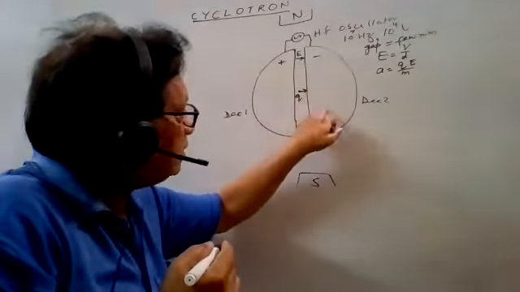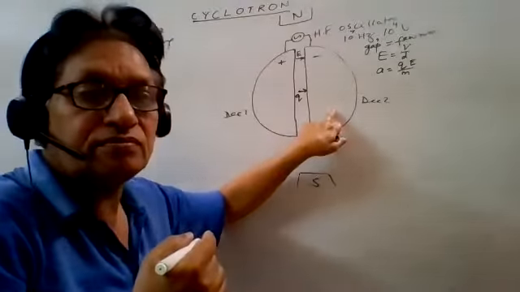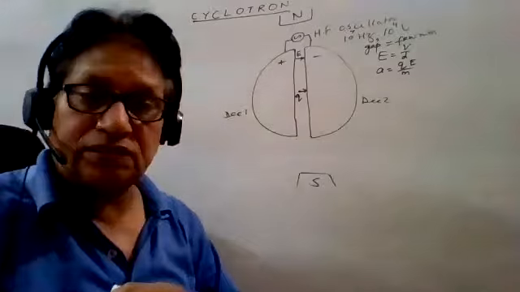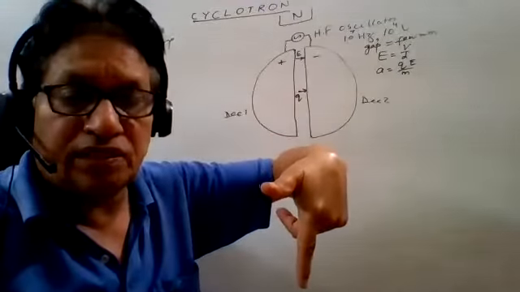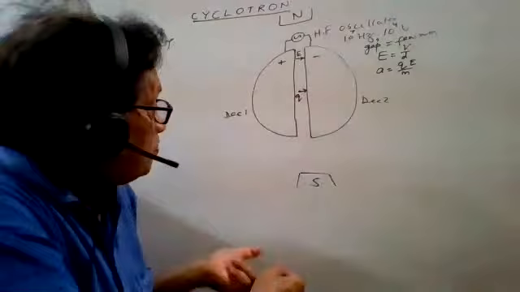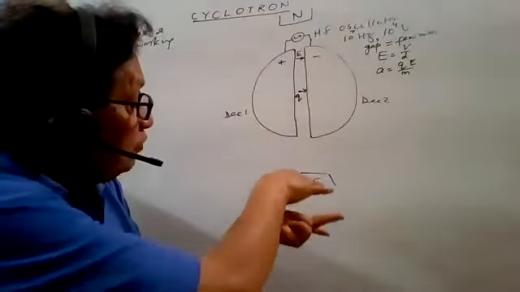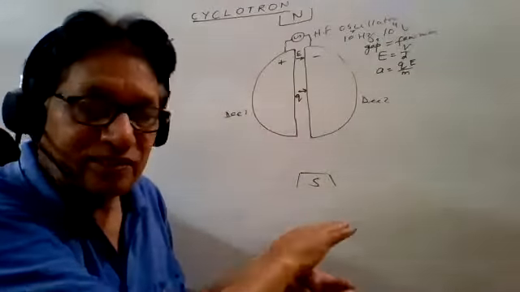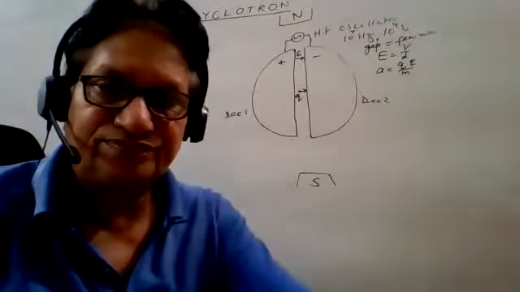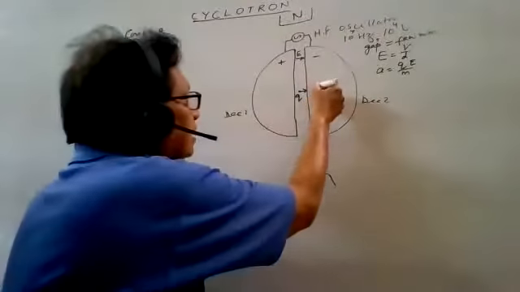As it enters the D2, what happens? Let us discuss. The direction of magnetic field is downward, from top to bottom, and this is the direction of the positive charged particle. So the force is acting toward this, in the horizontal plane. So what will happen? It rotates in circular motion like this.